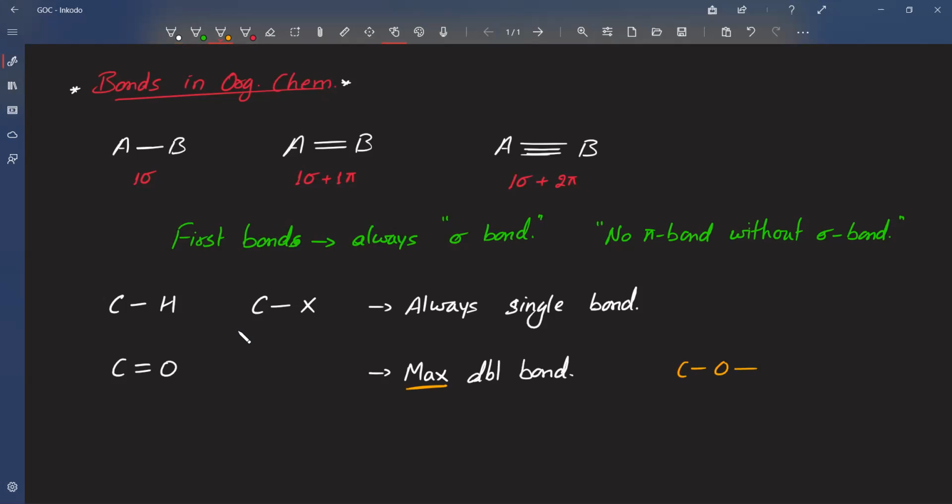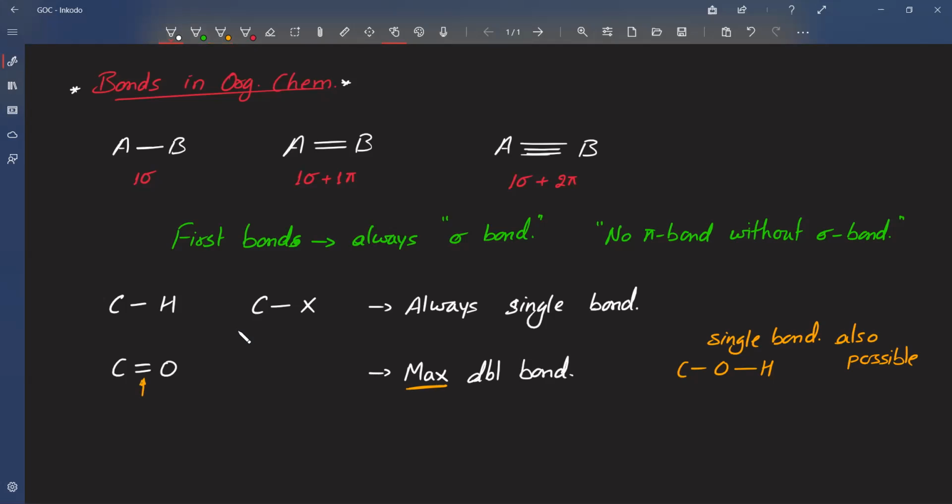Single bond is also possible, because oxygen can form at the max 2 bonds. So with carbon, the maximum number of bonds one oxygen atom can form is this double bond. It cannot be a triple bond.